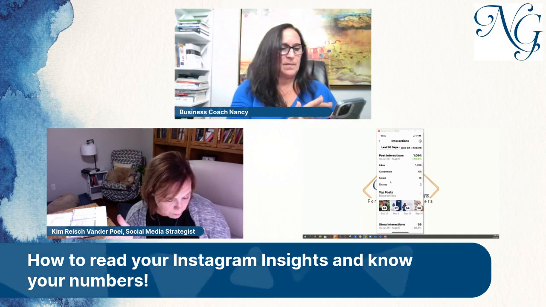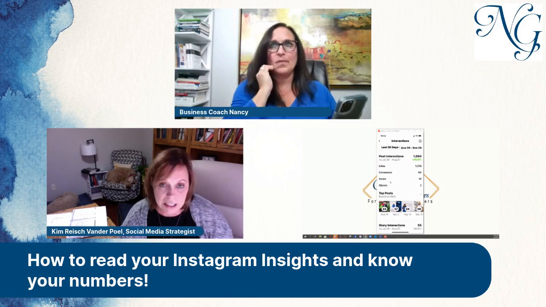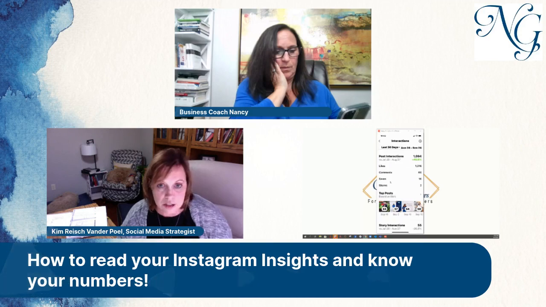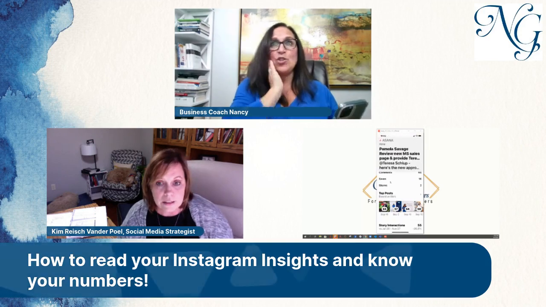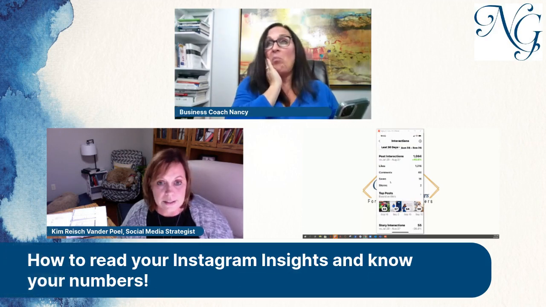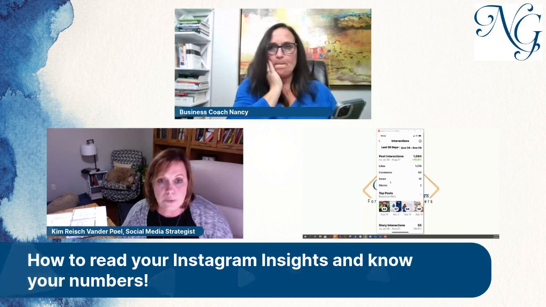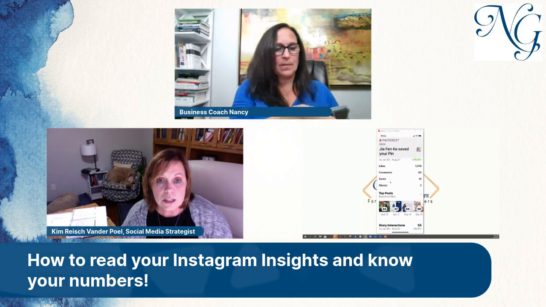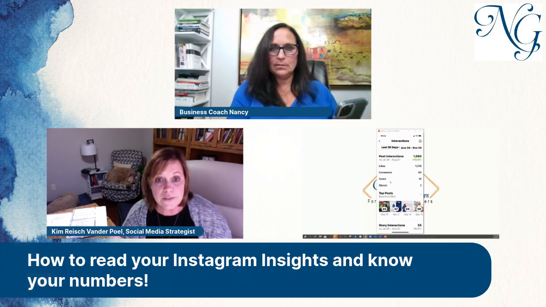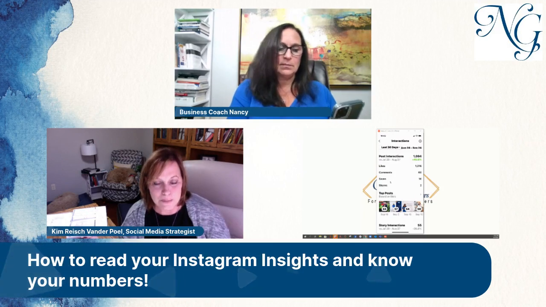Then it tells us more detailed information, like how many people are liking your content, commenting, saving, and sharing. 16 saves. That's interesting. Our goal as marketers is we like it when people engage, but if we can get people to comment or share or save, the algorithm likes that a little bit better, so your reach expands.